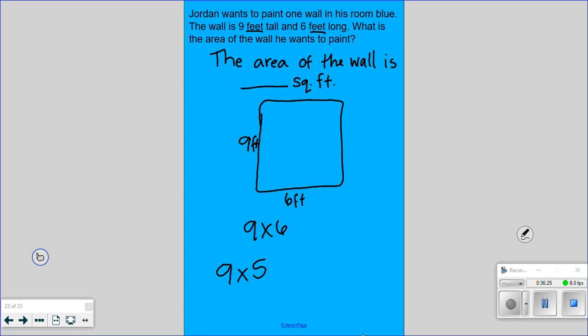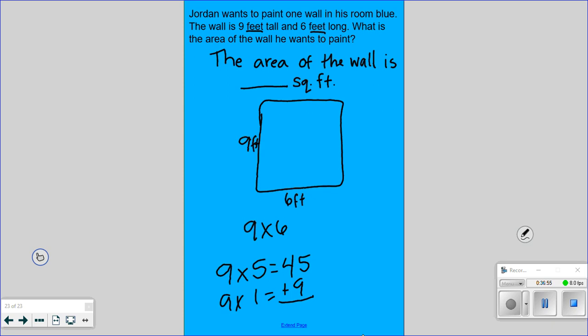Bella? 45. I got 9 groups of 5, and I really need 9 groups of 6. I need another group of 9. 45 plus my next group of 9. How much is that going to be?